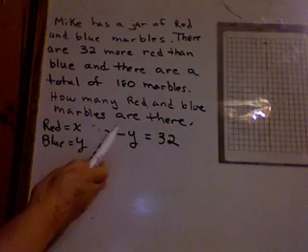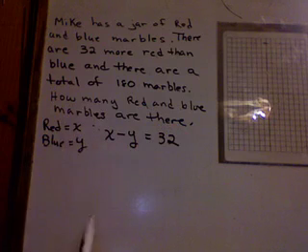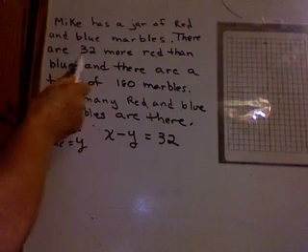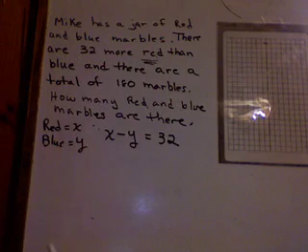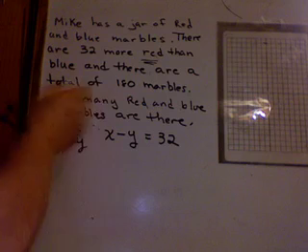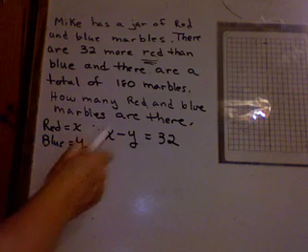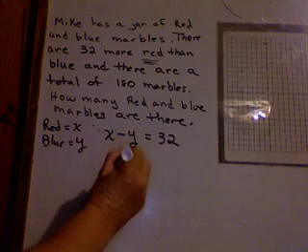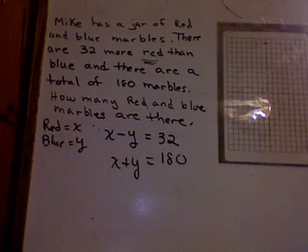Now, what's important here is you need to make sure you put the bigger number first, and there are 32 more red, so I know red has more, so that's why I put the x first. So read the problem carefully. There are a total of 180 marbles, so the red plus the blue is 180. All right, here we go.